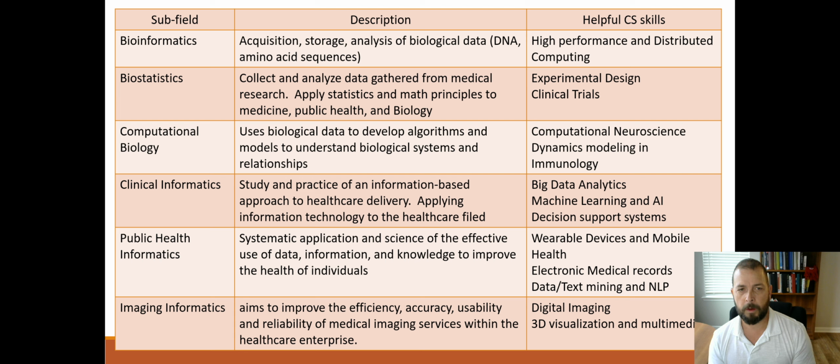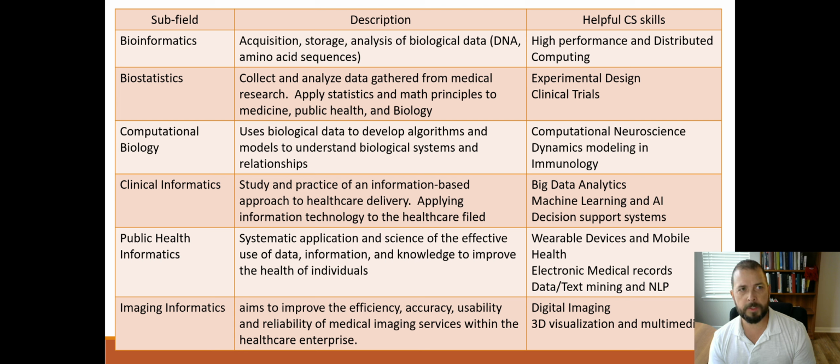The skills that are important for that, we'll talk a little bit about today with big data, but understanding how to apply decision support systems using machine learning and AI. Public health, oftentimes dealing with wearable devices, mobile health, electronic medical records, things like that.